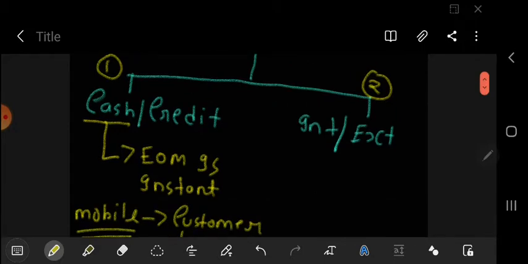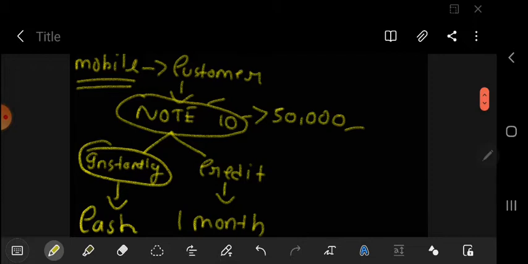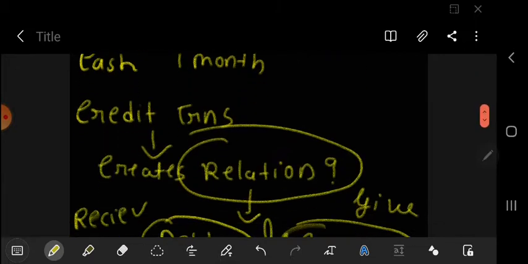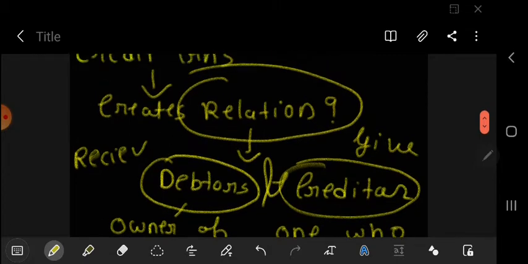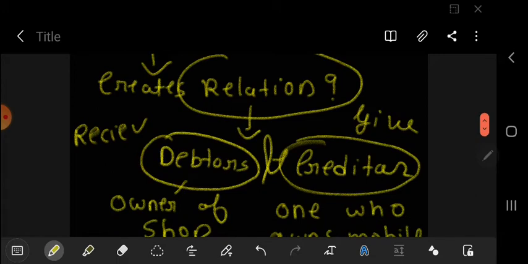Moving further, we have discussed cash transactions in which money is exchanged instantly in exchange of a particular commodity. And in credit transactions, money will be given after the purchase of the commodity. Okay, so simple. And further, we discussed credit transactions, relation, debtors and creditors. Debtors will receive the money, creditors will always give the money.